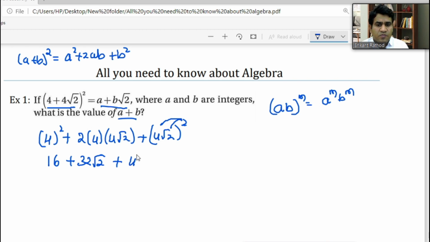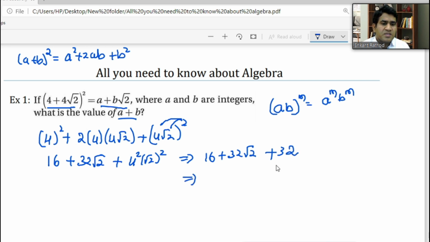This will be written as 4 square times root 2 square. So this becomes 16 plus 32 root 2 plus 4 square, which is 16, and root 2 square is just 2. 16 times 2 is again 32. So just add them up: 16 plus 32 is 48, plus 32 root 2.